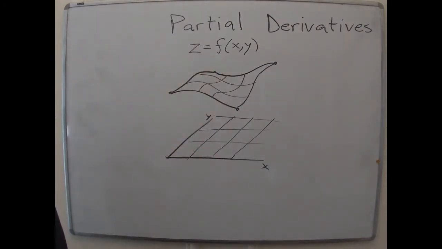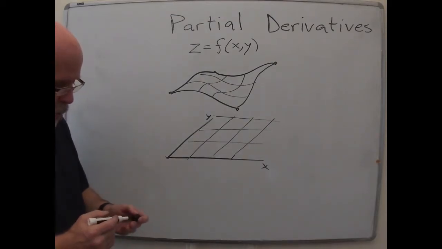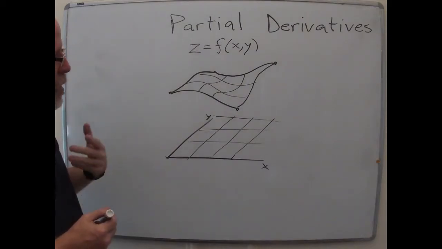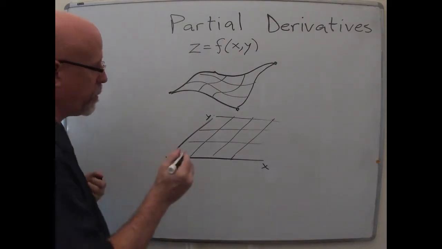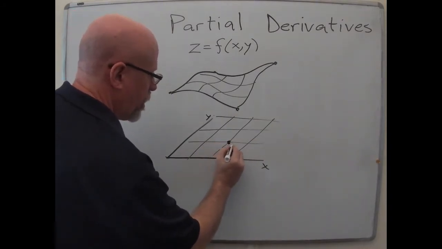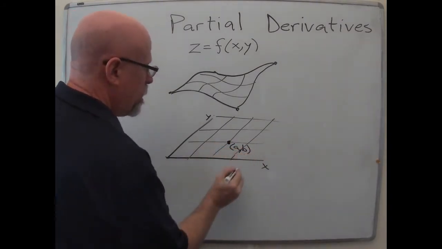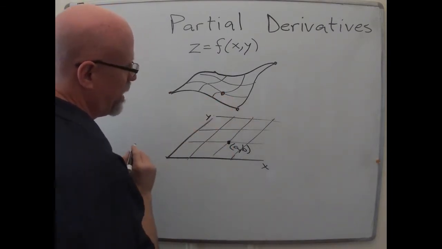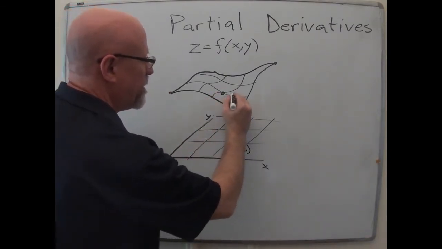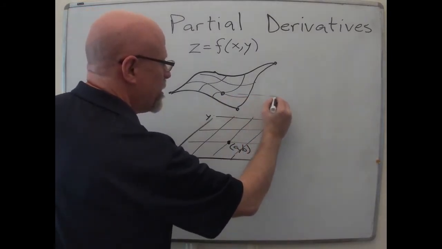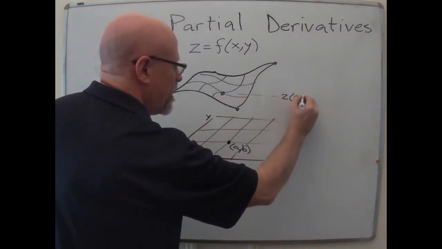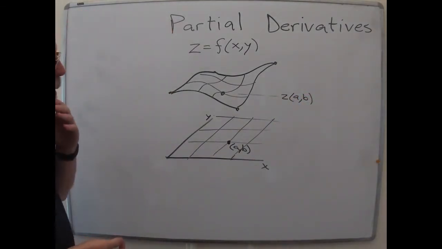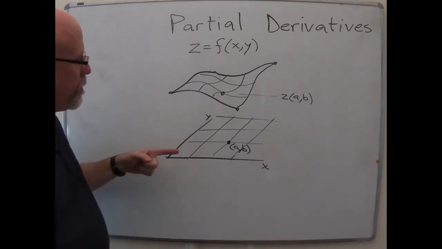That's the hope. Okay, so what we're going to do for partial derivatives is think about changing our location. You might be at a point here whose coordinates are (a, b), and that corresponds to that point, its height. The height of that point is z of (a, b). What I want to do is think about moving strictly in the x direction from there.